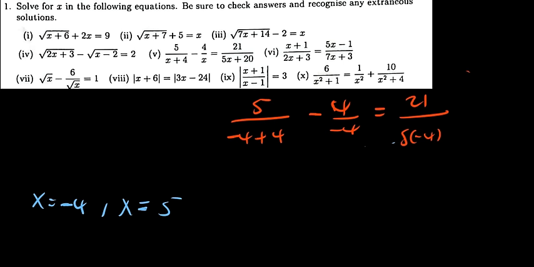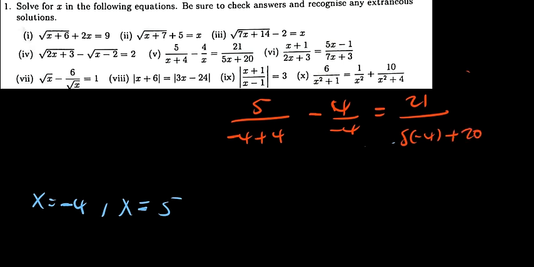Okay, now our equation, remember, I want you to pay attention here. We have got 5 over x plus 4. Again here 4 over x. The moment I plug in where there is x, I put negative 4 plus 4 minus 4 over negative 4. Is equal to 21 over 5 negative 4 then plus 20.